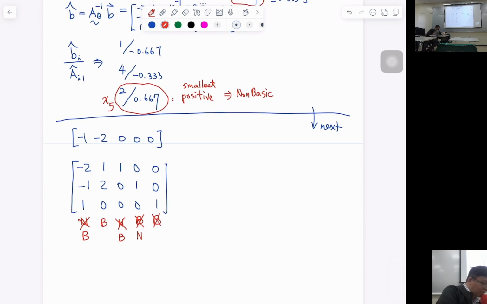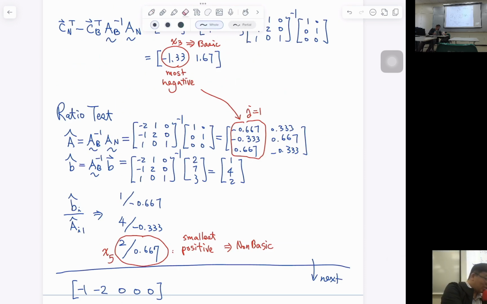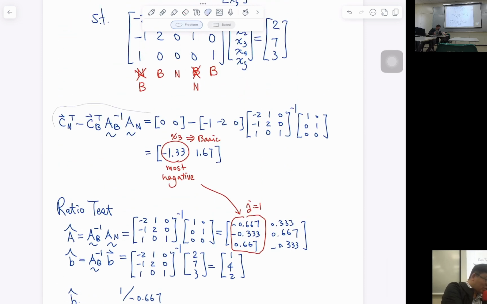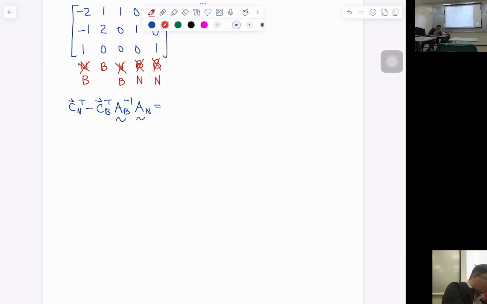So this one becomes N. So in this iteration, it's going to be B, B, B, N, N, right? And do all these. Copy. And I'm sorry, I will be lazy this time. You solve it, you try it, and you will end up with 1 and 2.